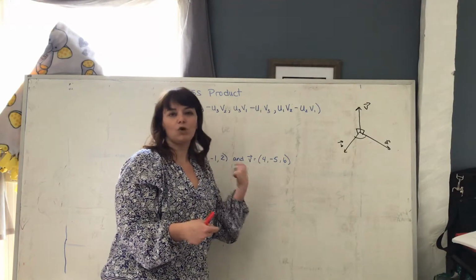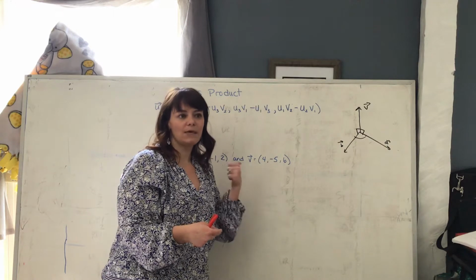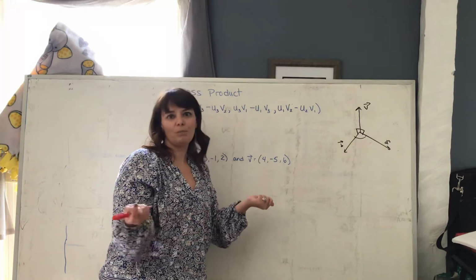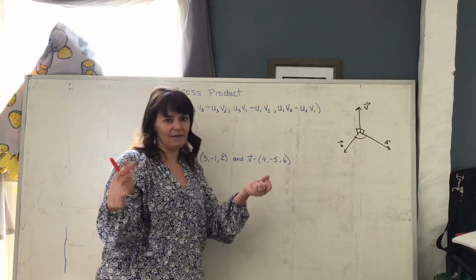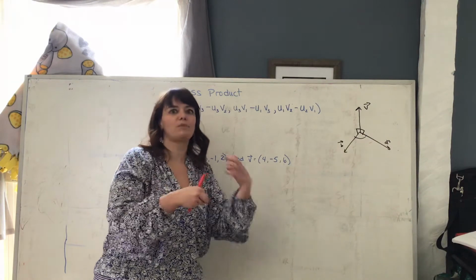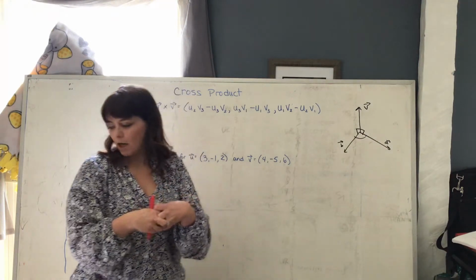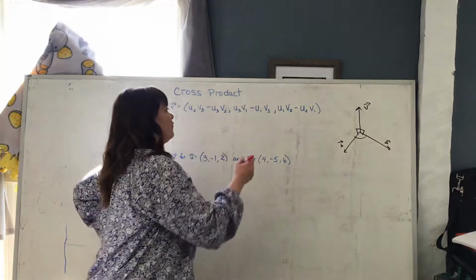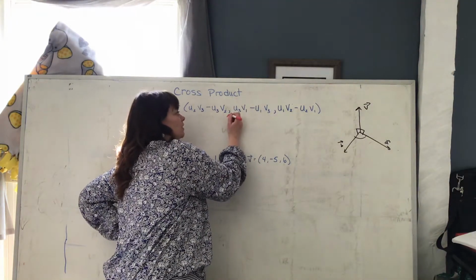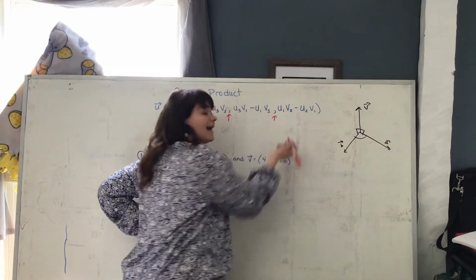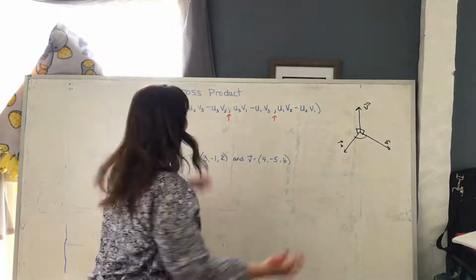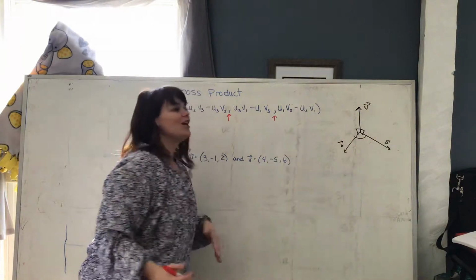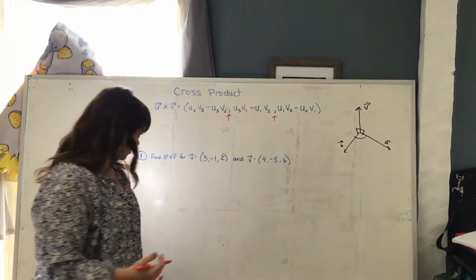Now, the difference between cross product and dot product is that when you do the dot product, you end up with a number. At the end of the last video, when I did the dot product between U and V on those homeworks, it was a number, -7, I think. Here, we're going to end up with a vector. You'll note there are commas in the formula and parentheses, meaning that the answer is a vector.